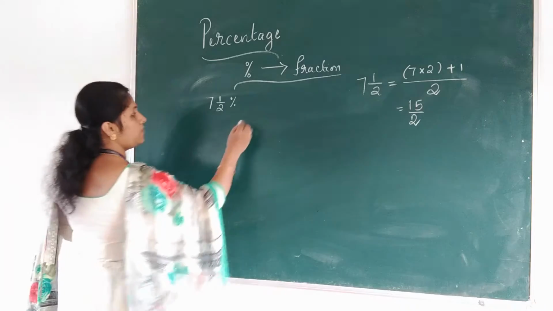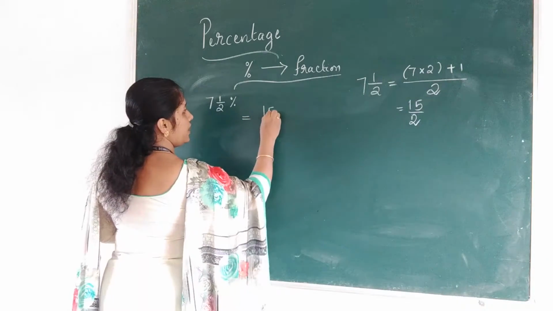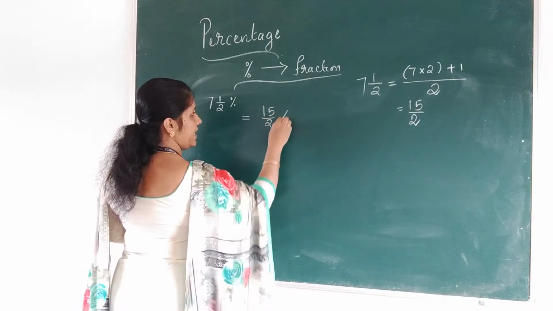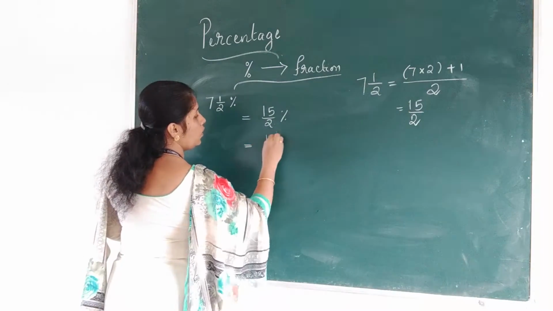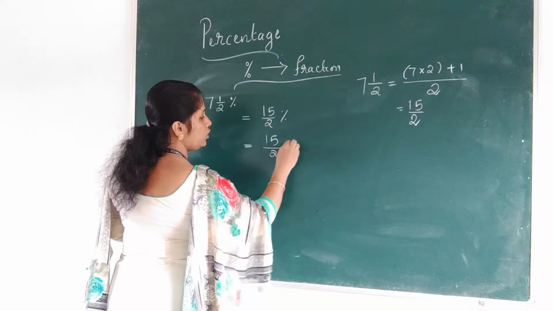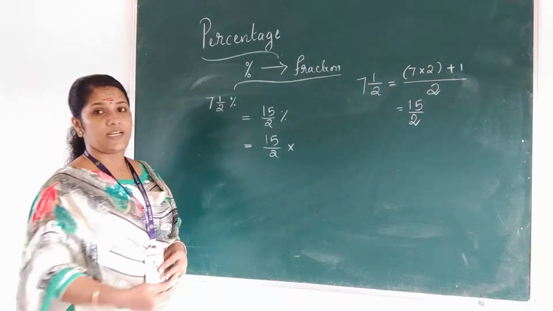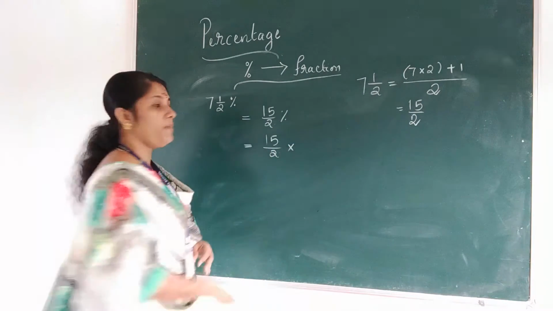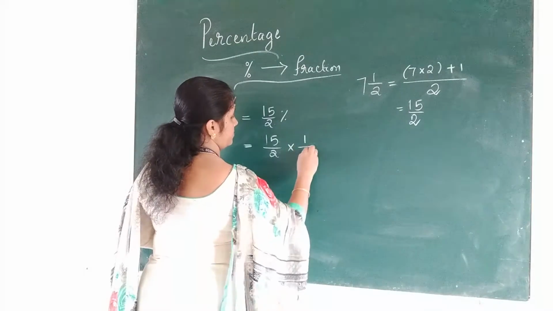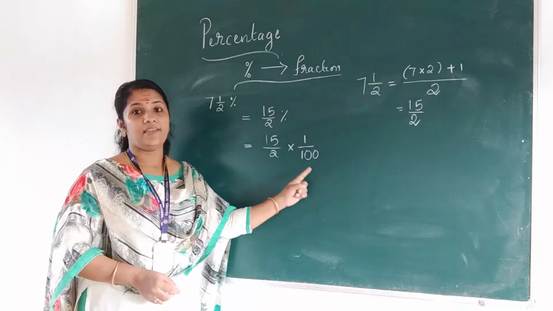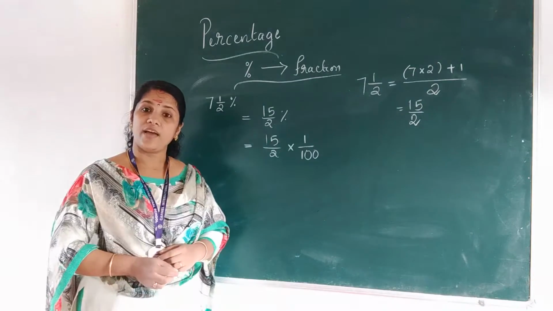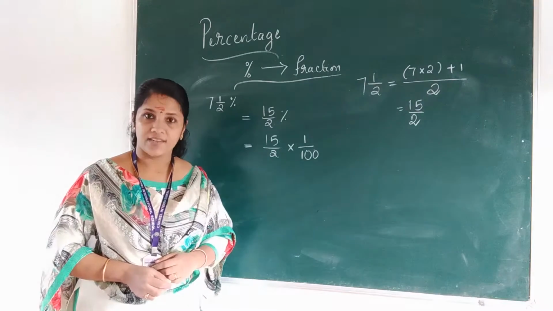Now let's do the same thing. 15 by 2%. It is equal to 15 by 2 into, instead of percentage, we can write 1 by 100. Between numerator and the denominator, we can find common factors, right?